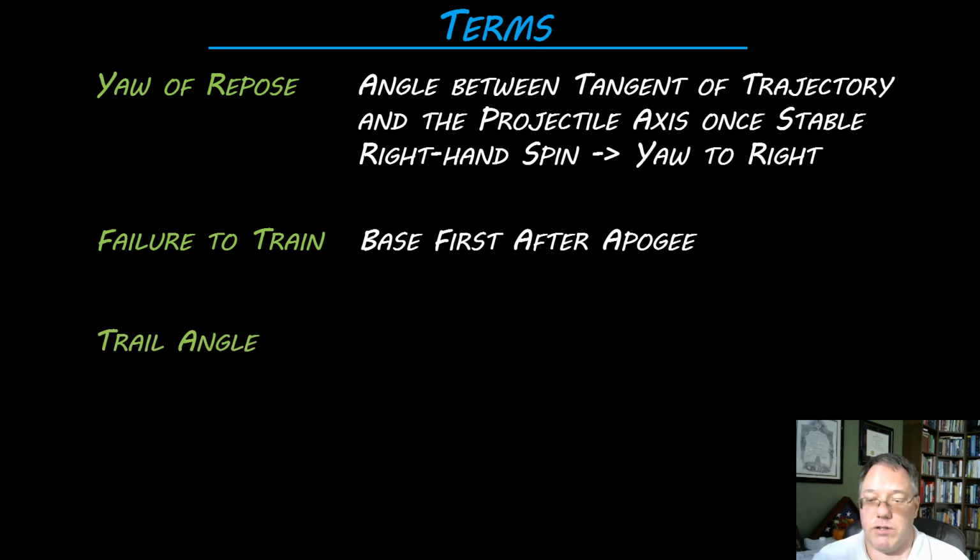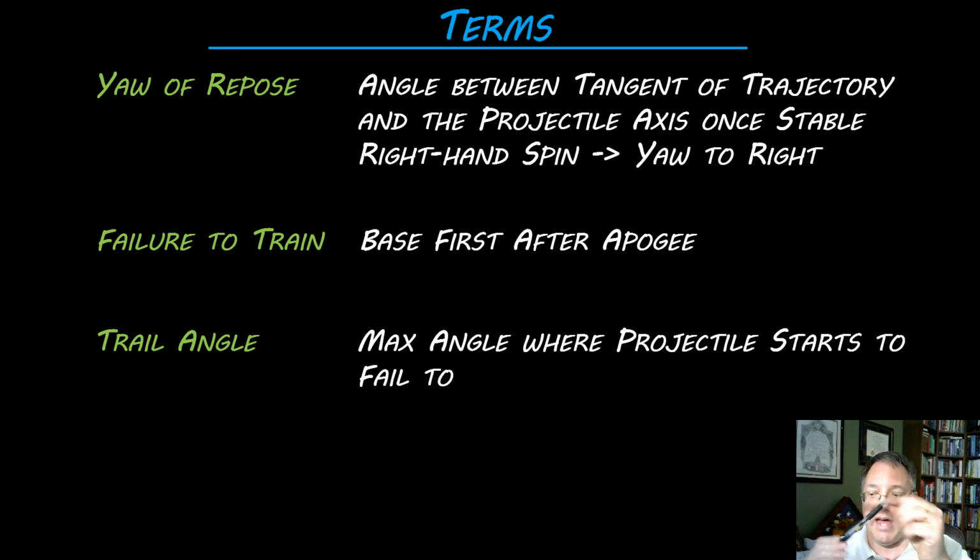Which gives us this thing called a trail angle, which is the maximum angle that our projectile can be at for our yaws, where it'll start to fail to trail. So what is that threshold where we go from staying nose first, and then as that angle increases, at some point the aerodynamic forces will flip us over and we will fly backwards? And that's our trail angle.